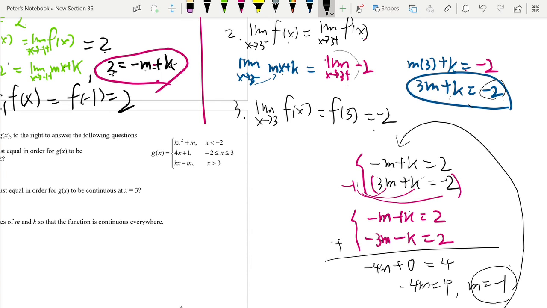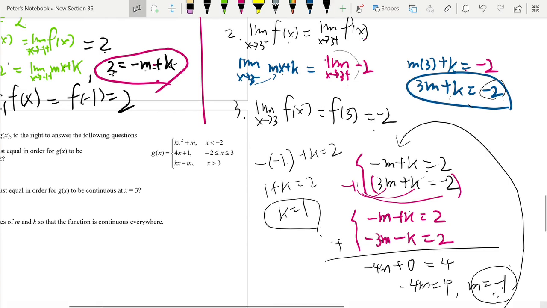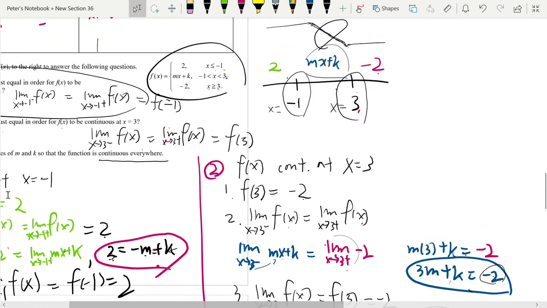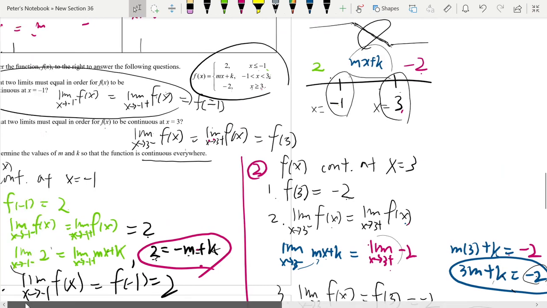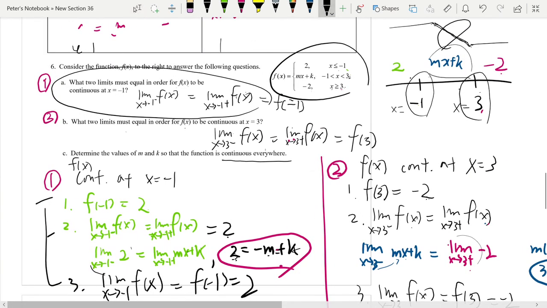Let's just try that in over there. That'd be negative of negative 1, right? Plus k is equal to 2, which will give me 1 plus k is equal to 2, which will make k equals to 1. Aha! So we found our m value and k value here. So the final answer is going to be that m is equal to negative 1, and k is equal to 1.